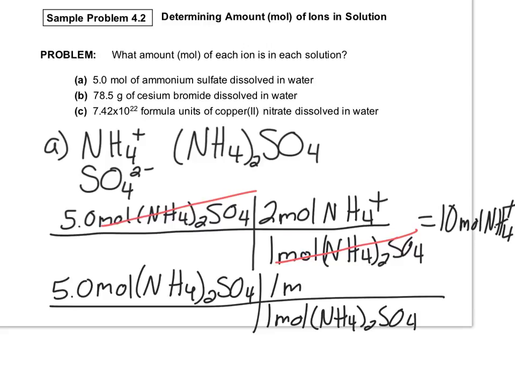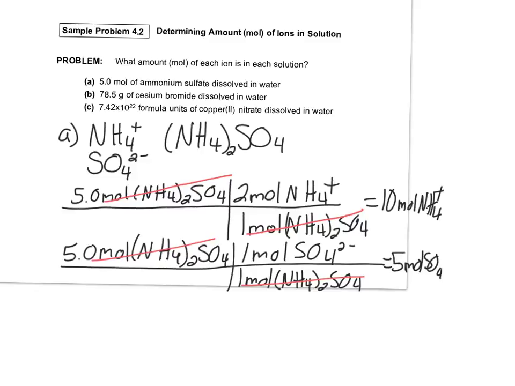For every 1 mole of SO4, 2 minus. Moles of ammonium sulfate divided by moles of ammonium sulfate cancel out. That's going to equal 5 moles of sulfate, SO4, 2 minus charge.